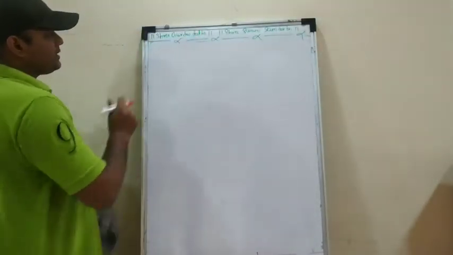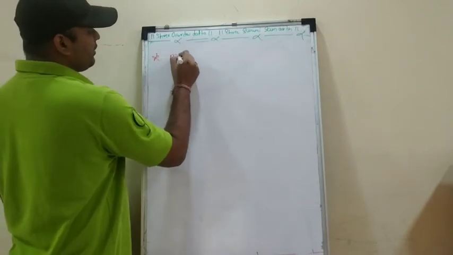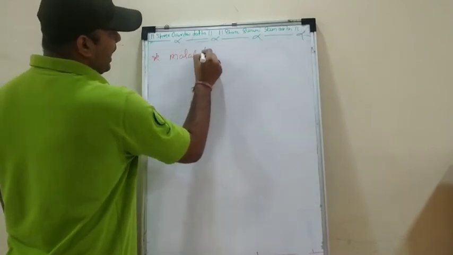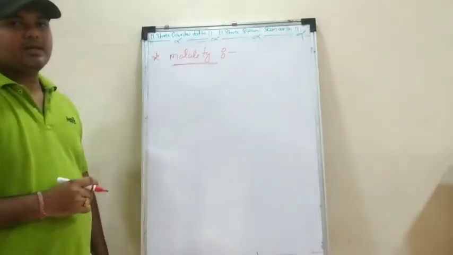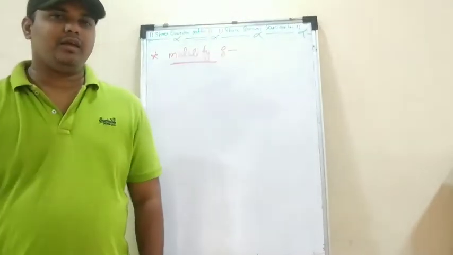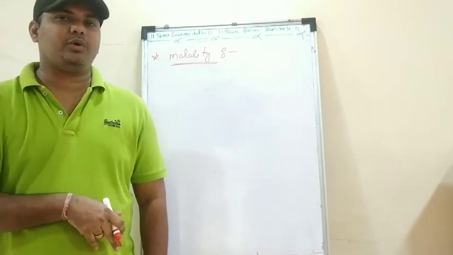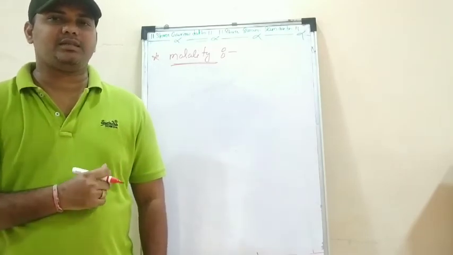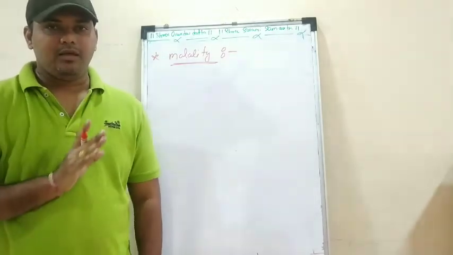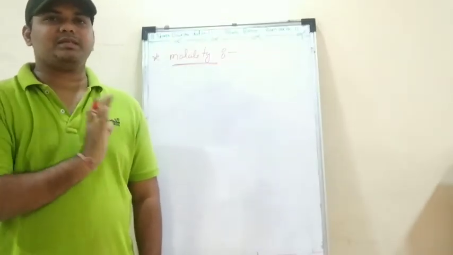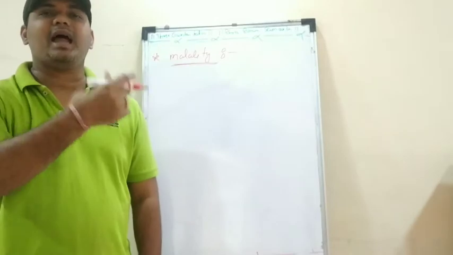Now the second concept, which is very important, is molality. What is the difference between molality and molarity? The basic difference is that in molarity there is an R and in molality there is an L. But let me tell you, this is a very basic difference. What is the exact difference?